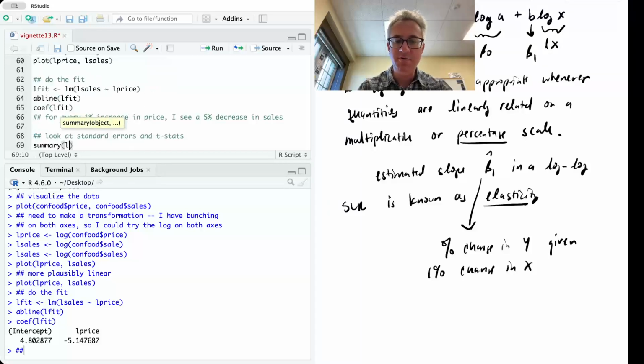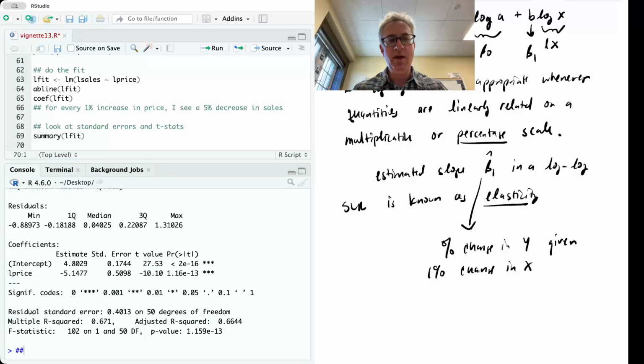Again, you can use what you learned in chapter 7 and do this all by hand, but the estimates here are shown in this table, and the standard errors on those estimates are shown here. And here we have t-statistics for testing the null hypothesis of 0, either for the intercept or the slope.